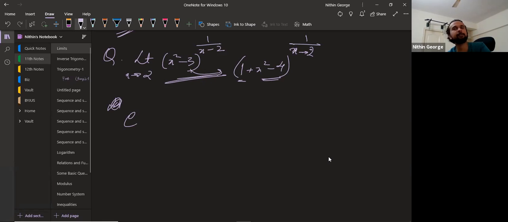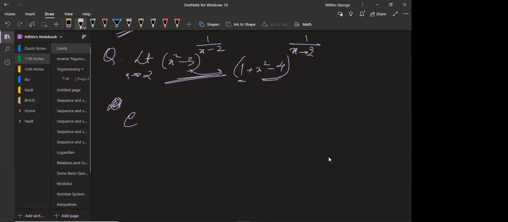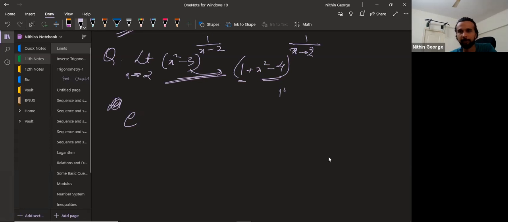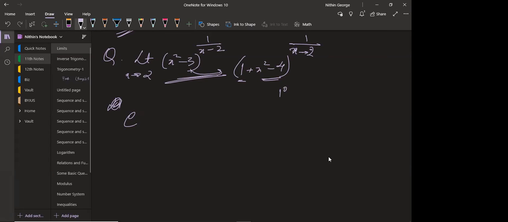Sorry, this is the question I wanted to ask. Limit x square minus 3 raised to 1 by x minus 2. The other one was a determinate form, 1 raised to 0, which is nothing but 1 itself.